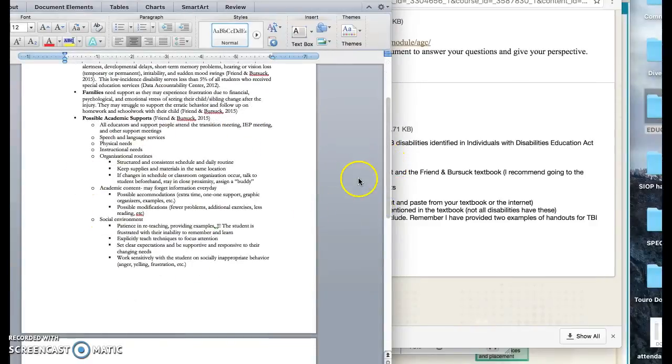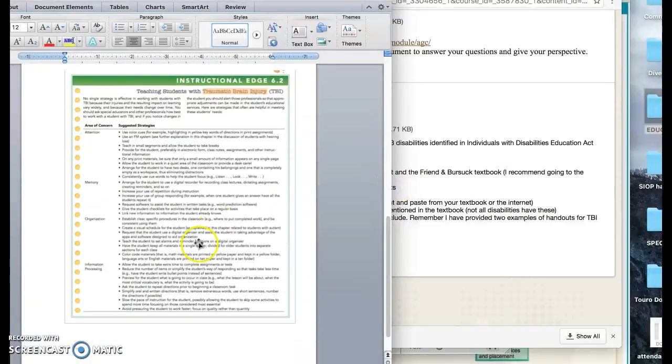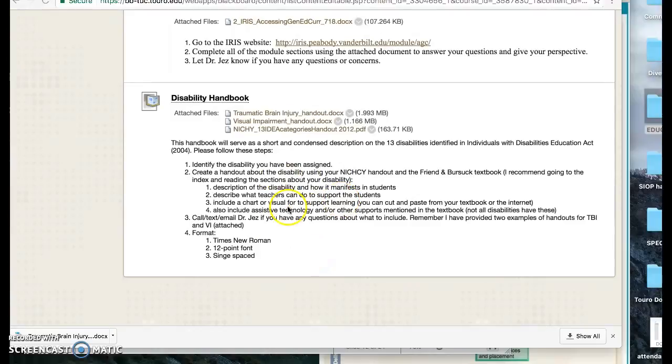Then there are the possible academic supports, which I cut and pasted from your textbook, going through the different areas of concern and possible strategies when working with students with traumatic brain injury. So it's all the essential information on a 2-pager. That's what I'm looking for.